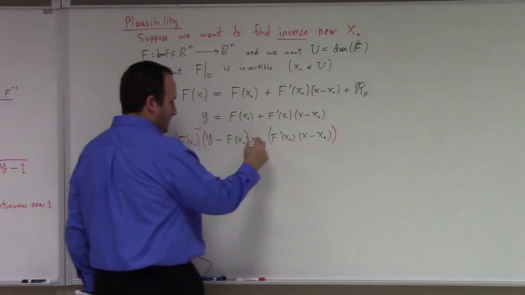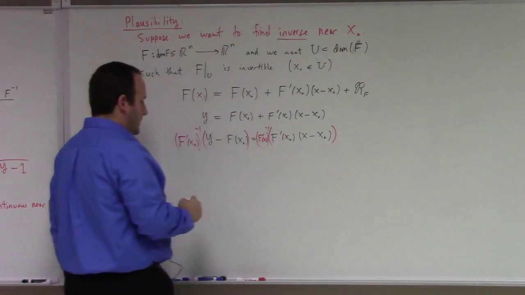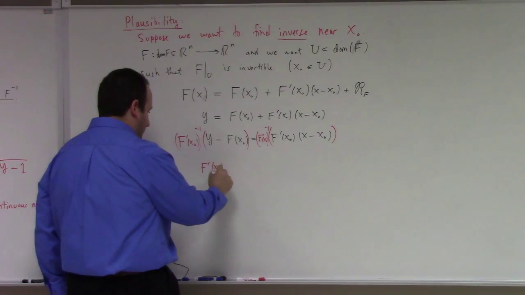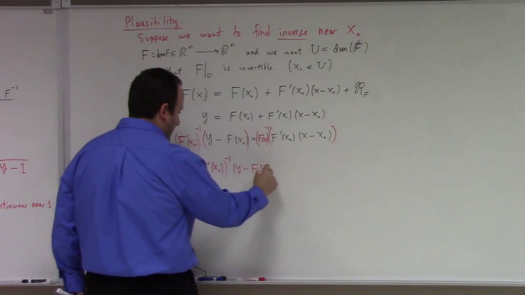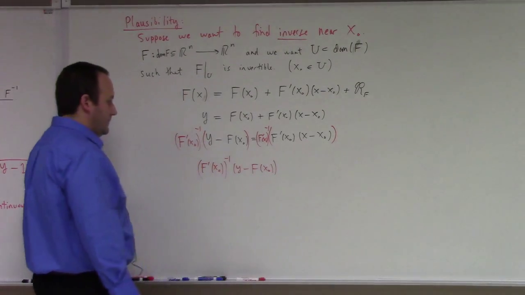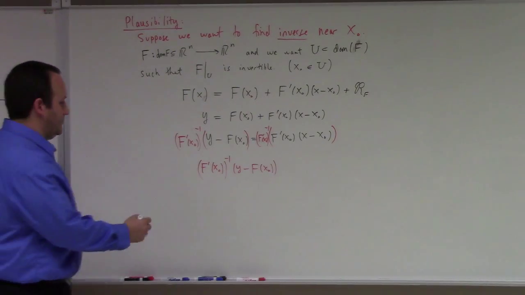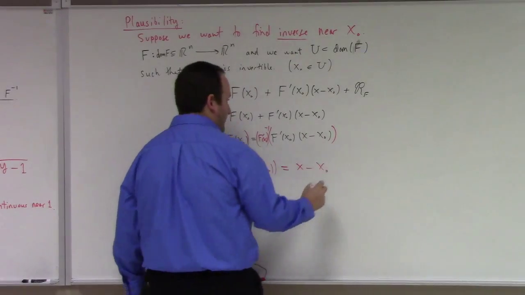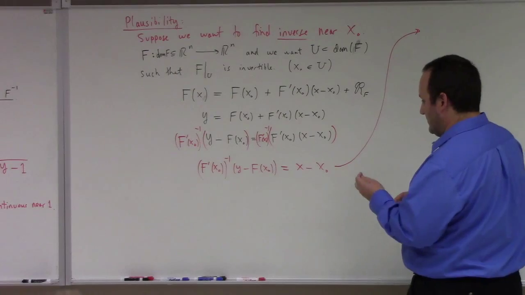Inverse, yeah. And so that gives me that f prime of x naught inverse times y minus f of x naught is equal to x minus x naught. I think you're one step ahead of me. I don't think I probably need to write all these steps out for you guys, but I did, sorry.